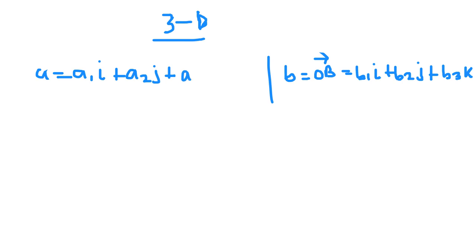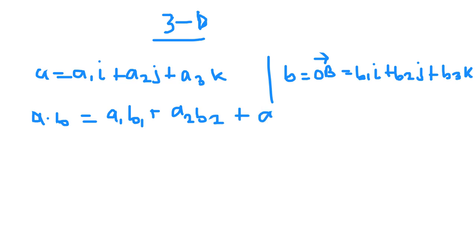What we want to show is that A dot B is equal to A1 B1, remember, this is the component form, plus A2 B2 plus A3 B3.